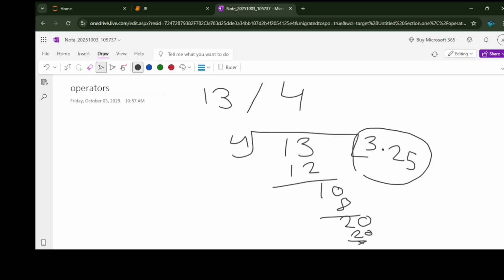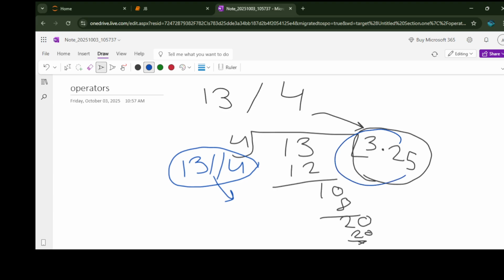This is the result of this. Now the floor division of 13 by 4 will be the whole part of this. Whole part means the number which is on the left of decimal point, means the result will be 3. This is the concept of floor division.